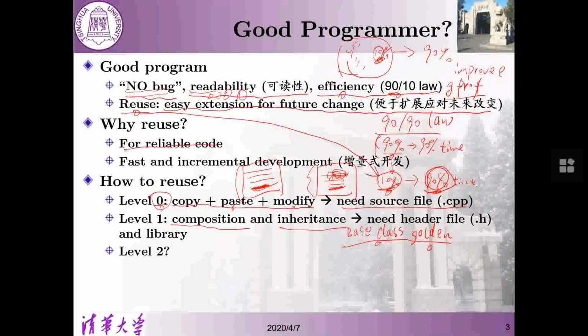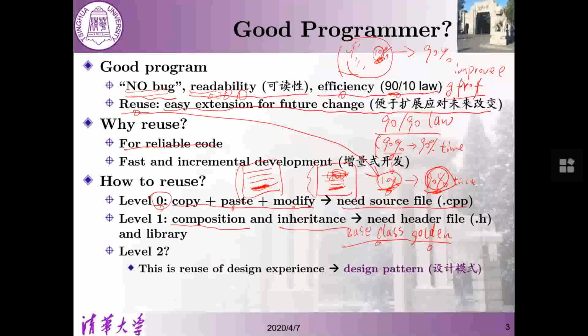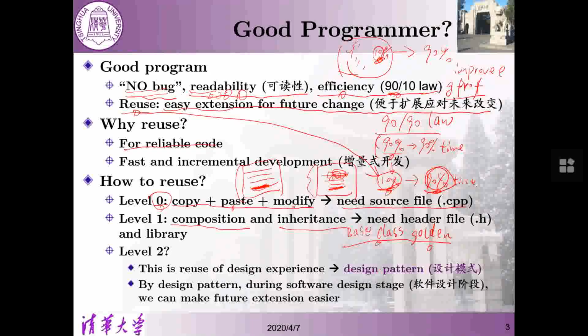Is there another higher level of reuse? Actually, yes. This is the reuse of design experience. This is called design pattern, right? By design patterns, during the software design stage, we can make future extension easier.